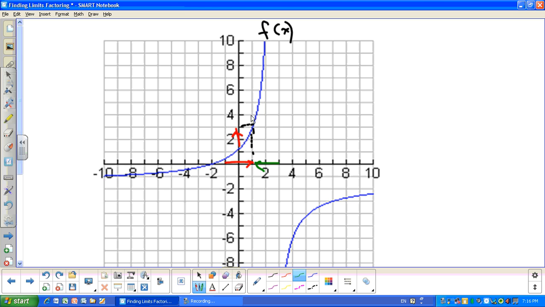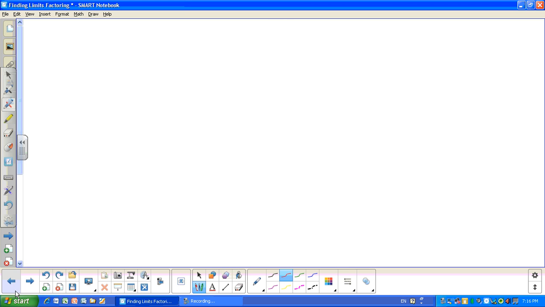From right, it seems like the function is approaching 3 as well. Please notice that I didn't say that the value of the function at 1 is 3. I have never said that. I am saying the limit, intuitively, I feel like the function f of x is approaching 3 as x is approaching 1, both from left and from right.